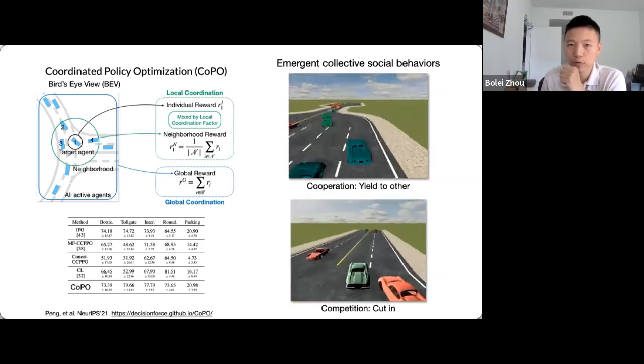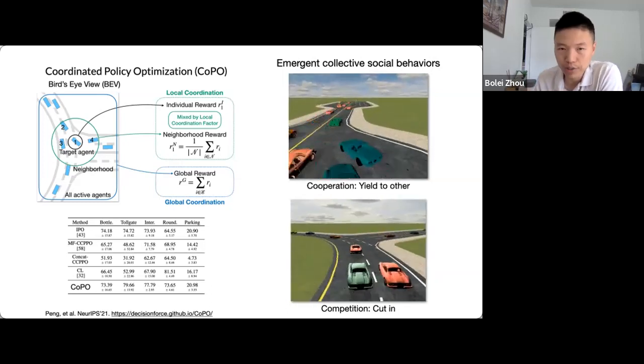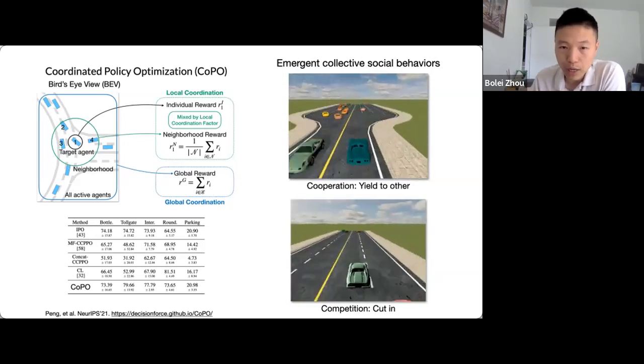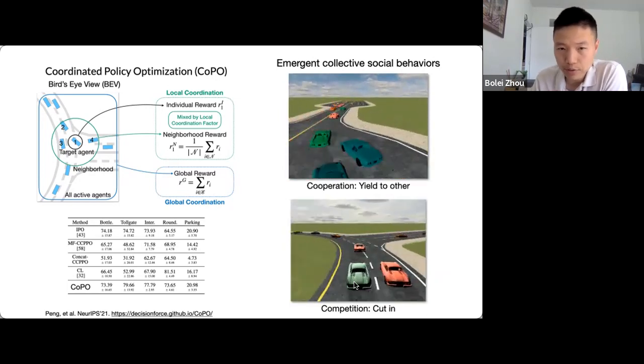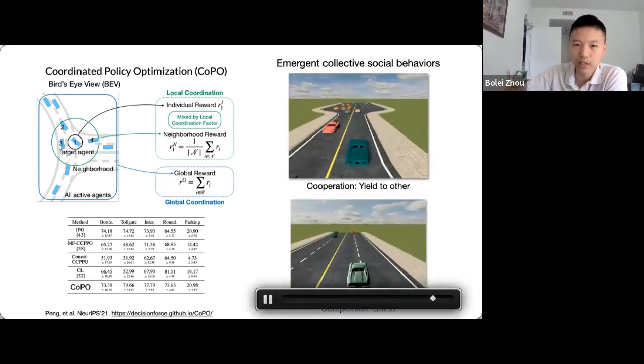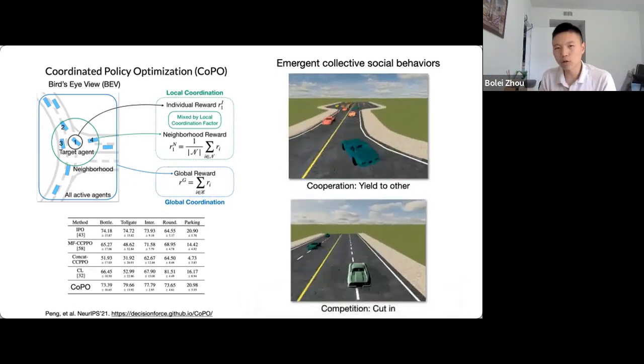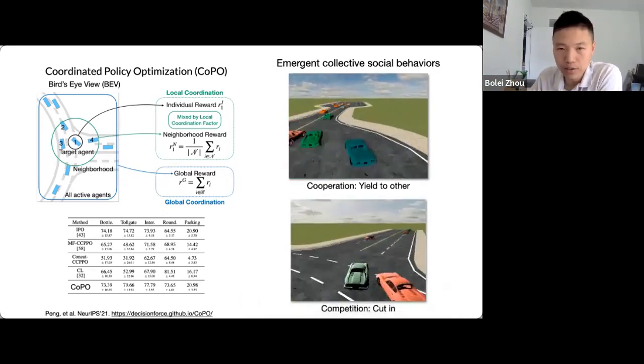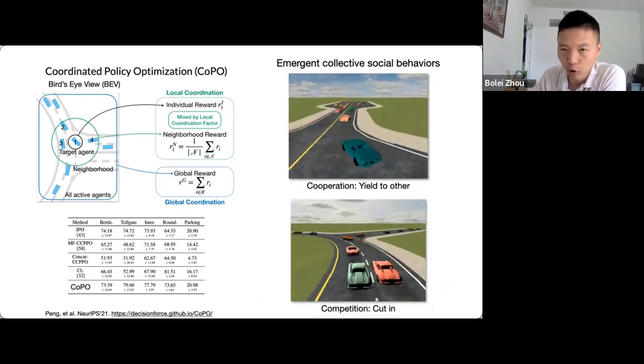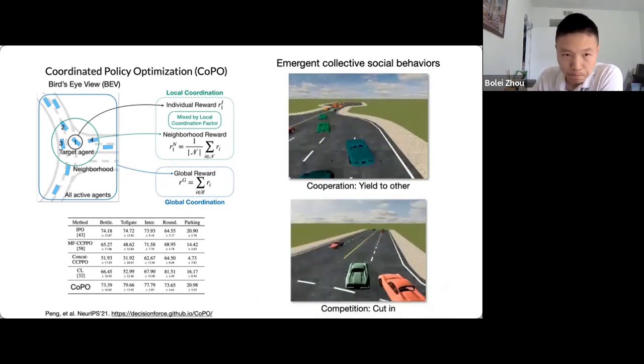So then they learn to cooperate with each other. We also have this competition behavior. You see this green car has this cutting-in driving. So there are a lot of such interesting emergent social behaviors from this kind of coordination training.